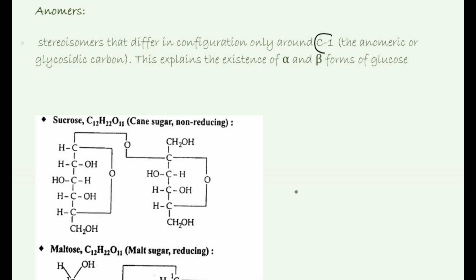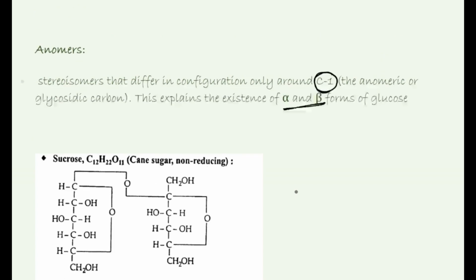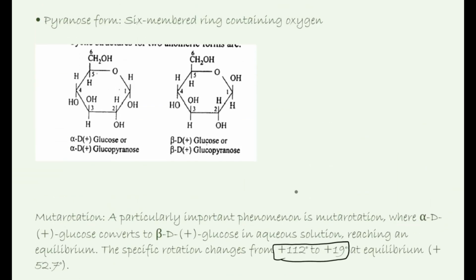That is more important. Only around the C1 position, that is called the anomeric carbon or glycosidic carbon. This explains the existence of alpha and beta forms of glucose. Okay, as you can see, I am showing the glucose structure once again.